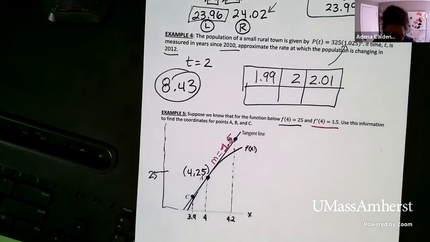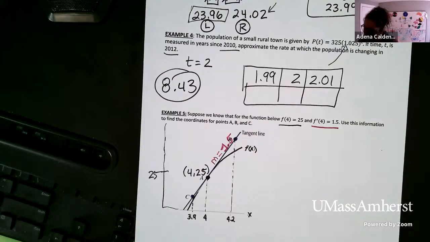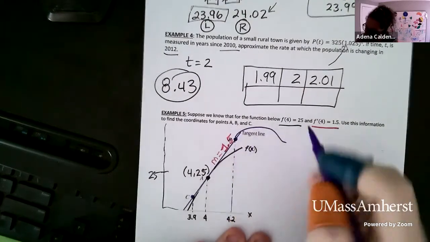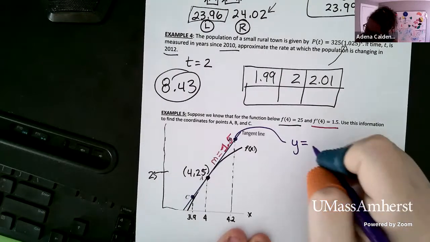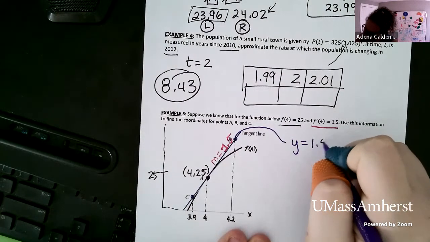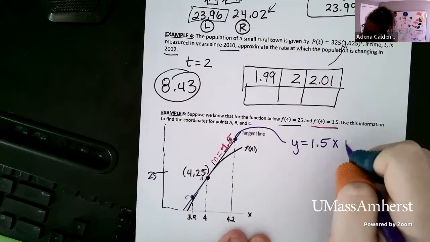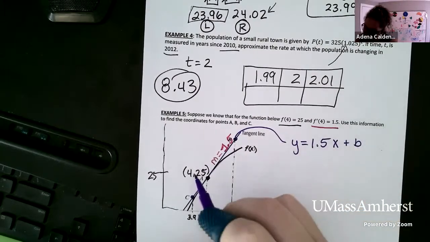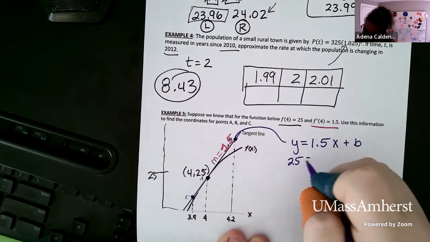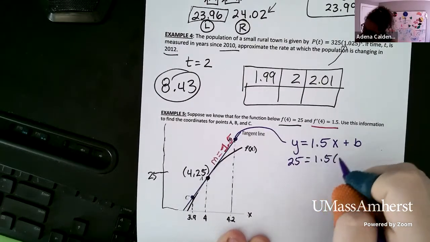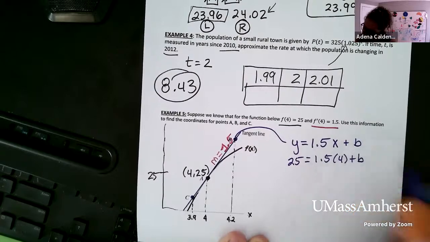So if you have the slope of a line and a point on the line, you can get the equation of the line. So usually we have y equals mx plus b. So my m here is 1.5. And I can solve for b by using this point. So 25 equals 1.5 times 4 plus b.